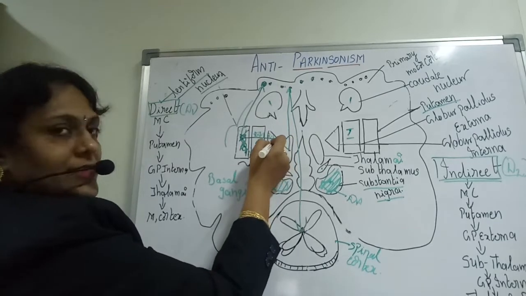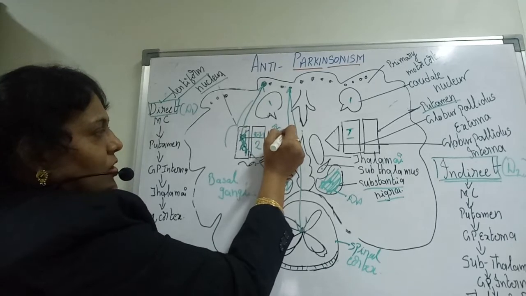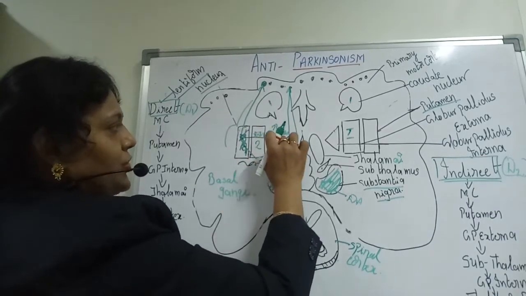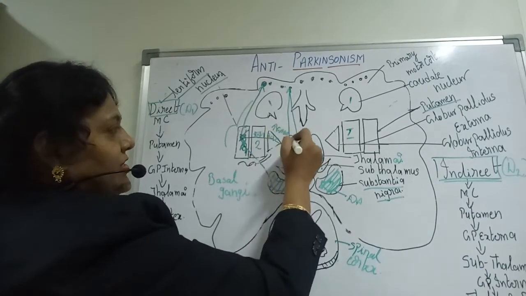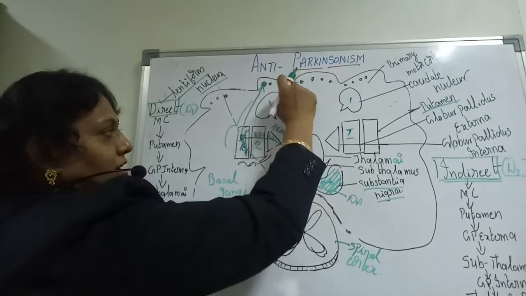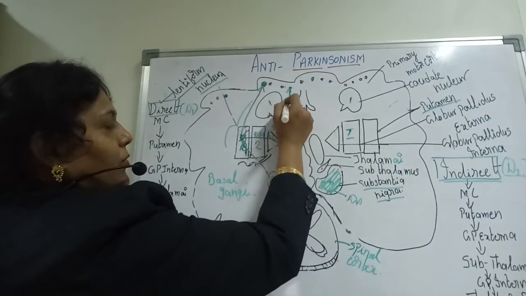In the globus pallidus interna, more and more GABA is released. So the more the GABA, the more the inhibition, and from that inhibition more and more message is sent to the thalami. From the thalami it is sent to the cortex center by stimulation.